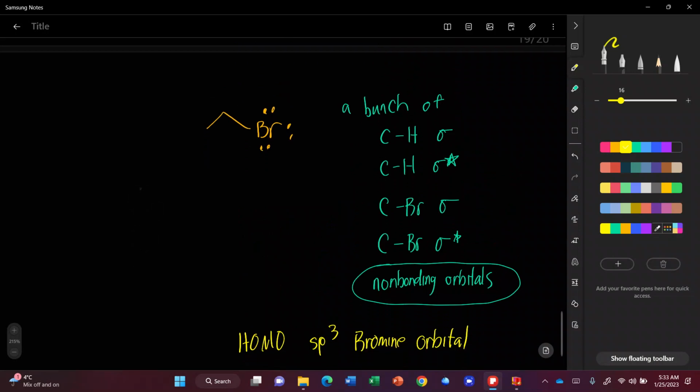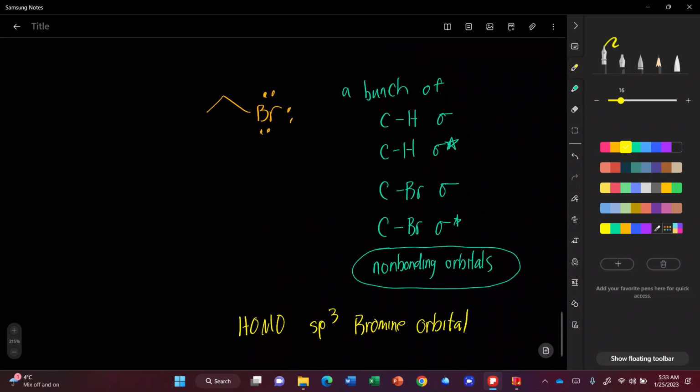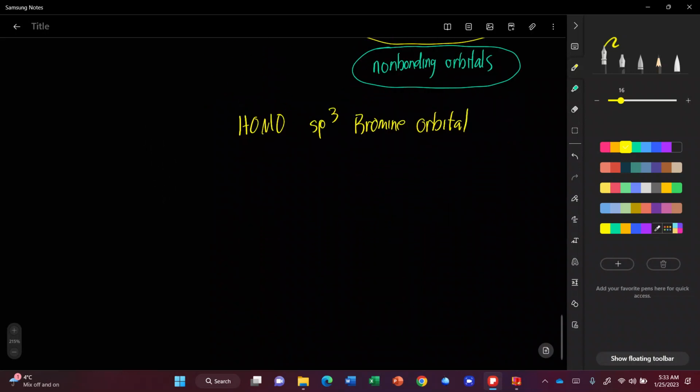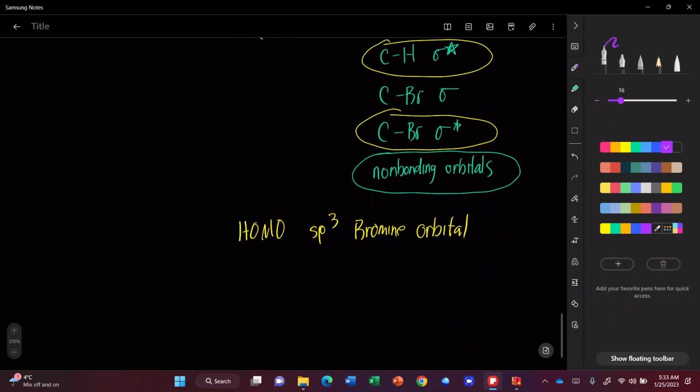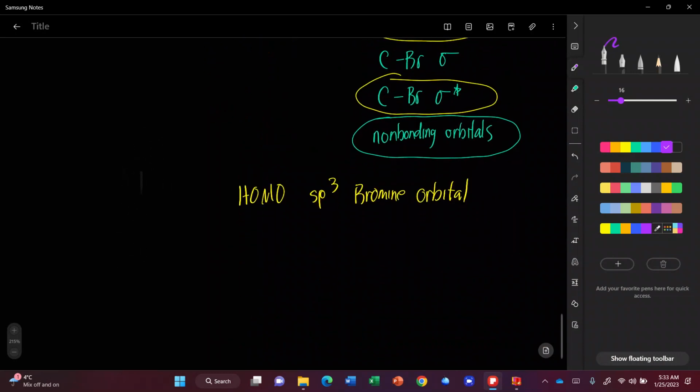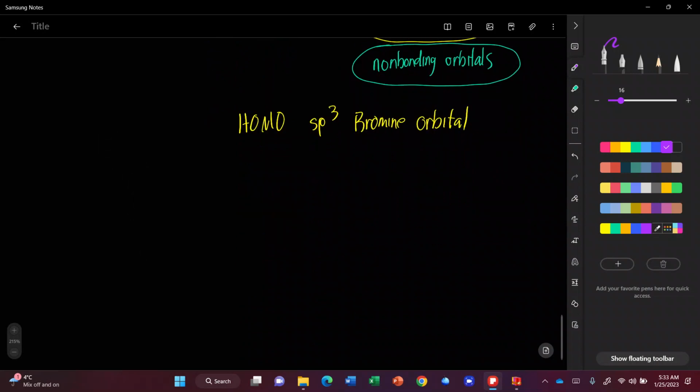Now for the LUMO, obviously you would say it's going to be one of the sigma stars. It's either going to be the C to H sigma star or the C to Br sigma star. And to figure that one out, you just have to remember what we talked about with electronegativity. The electronegativity of bromine is going to be greater than carbon, which is going to be greater than hydrogen.